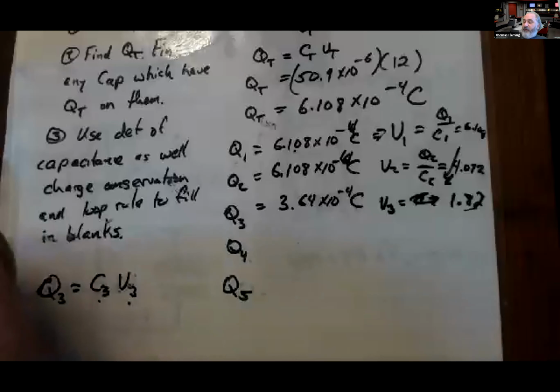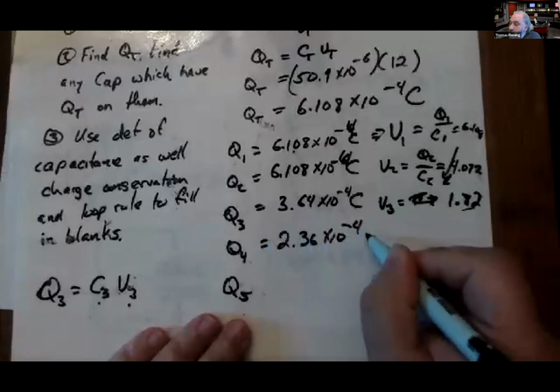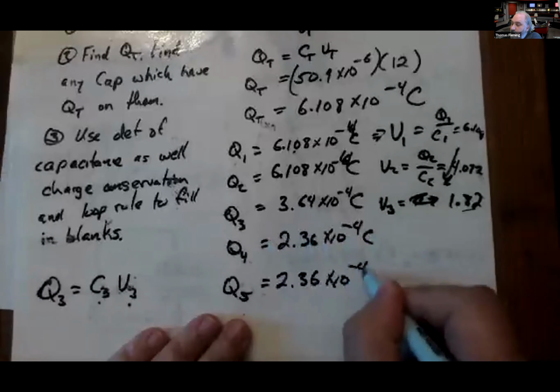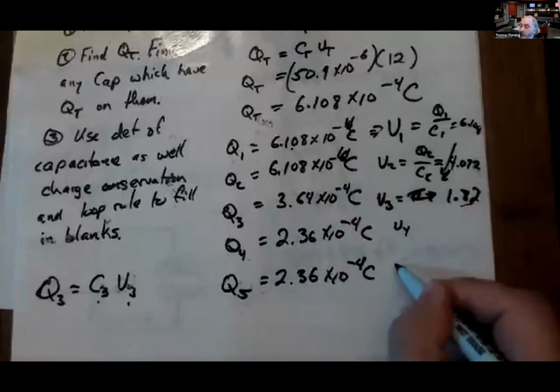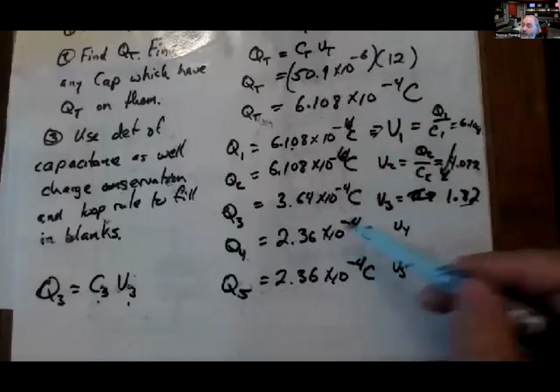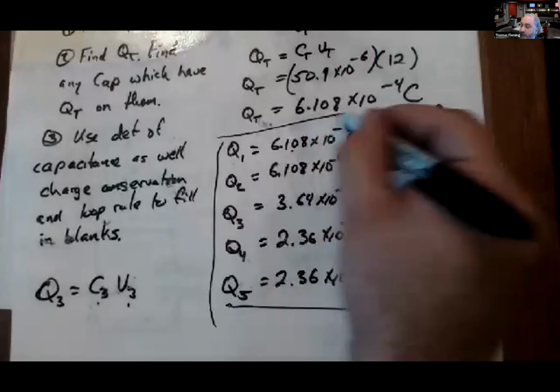I get 2.36 coulombs, and they have to be the same. So hooray, I found all the charges. And if I wanted to, I could find V4 and V5 the same way we did before. I could take this divided by the appropriate C and get that, this divided by the appropriate C and get that. But we were looking for the charges. We found them all, so we're kind of done.